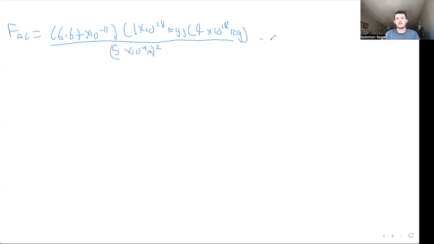And we get here 6.67 times 10 to the negative 11 times 1 times 10 to the 18 times 4 times 10 to the 18, divided by 5 times 10 to the 9 squared. 1.07 times 10 to the 7 newtons. And that is going to the right. Yes, being pulled right.